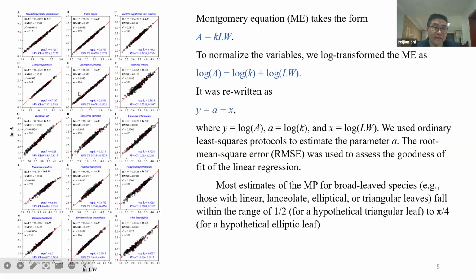Here we can see the observations, the small circles, all around the regression lines.